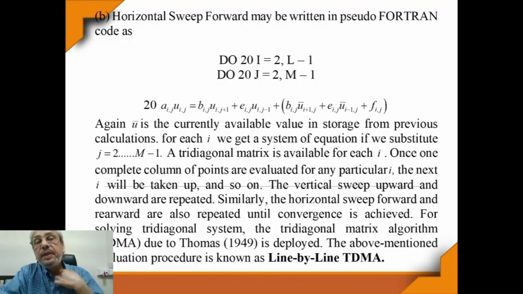So even if the number of unknowns is not 3, ij, i plus 1j, i minus 1j, ij plus 1, ij minus 1, these are unknown, implicitly related, through line by line TDMA we can again evaluate such a matrix without going into a different type of matrix solver, using a similar process to what we did for solving the tridiagonal matrix by TDMA. So this is called line by line TDMA.